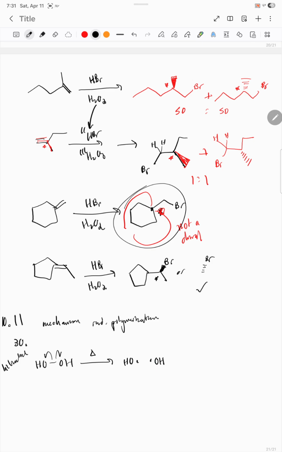But also, we know that if we have an alkane, this can undergo a sort of reaction with hydroxyl and heat up like that. We will also get OH, get a radical like that.